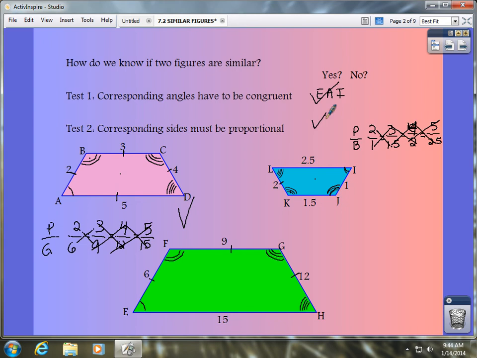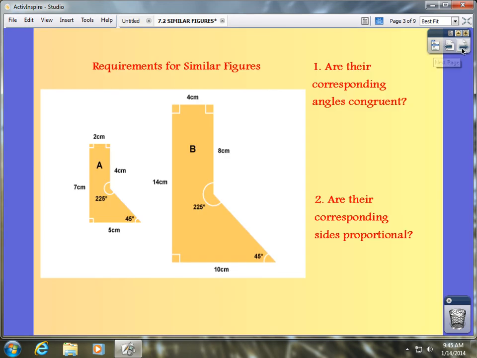Now in that case I had 3 figures, and usually you're only going to have 2. But I want to show you firsthand. Are the corresponding angles congruent? Well, we can look. We got 90, 90, 225, 45, 90. So yes. And are the sides proportional?